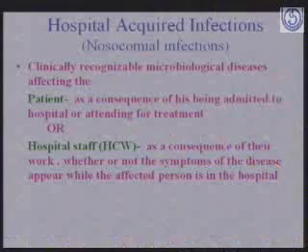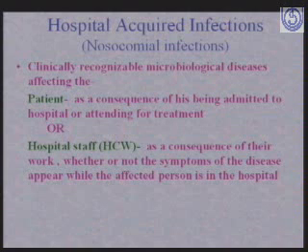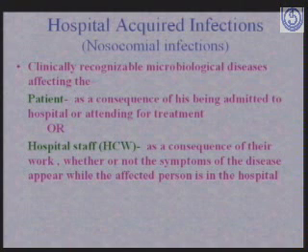Firstly, hospital-acquired infections. This is a very important term that is often used these days, also called nosocomial infections. The newer term, healthcare-associated infections, is also used synonymously. What are hospital-acquired infections?